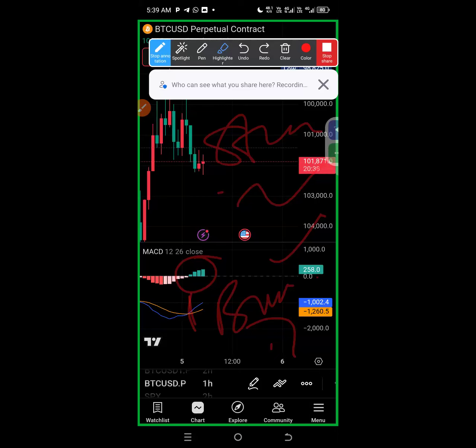I'm talking about indicators, right? So this is a typical example of what we are talking about. You can see that the crossover has happened, and the histogram is above the zero line. Yes, the crossover happened below the zero line, though it is bullish. It is bullish, but we are talking about strong bullish momentum.